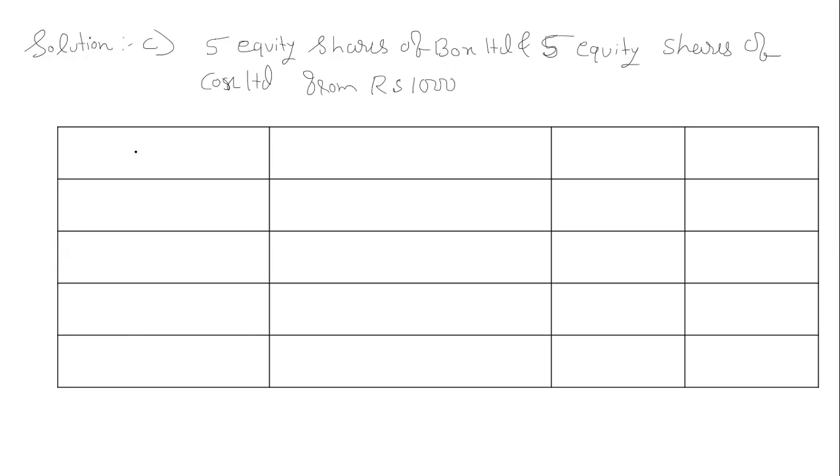So again we will have the same columns here, that is economic condition, then overall return, then probability, and then we have the expected return.